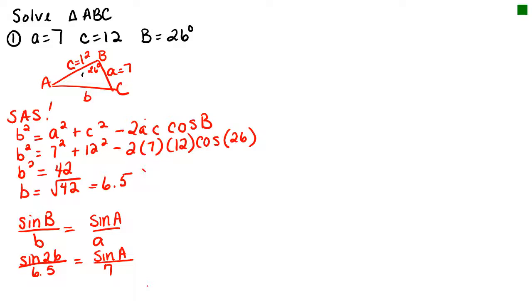So 6.5 times sine of A equals 7 times sine of 26.